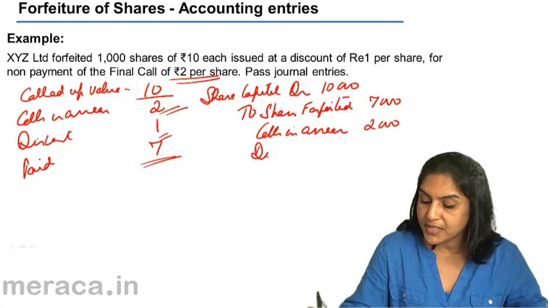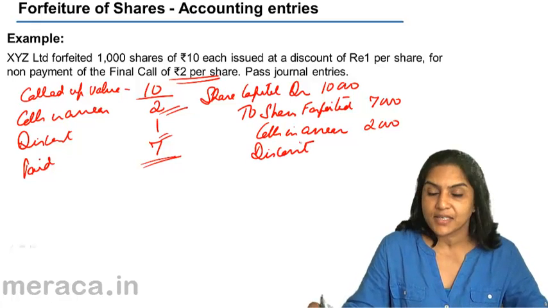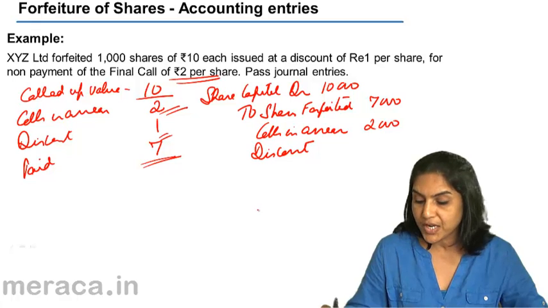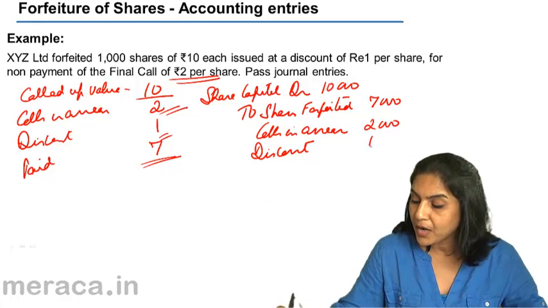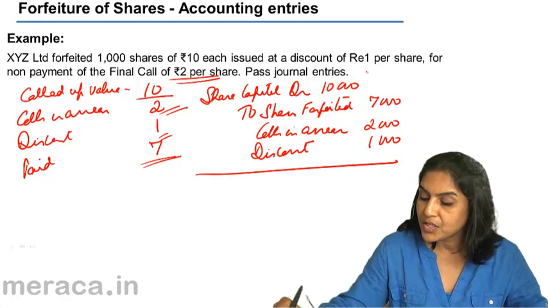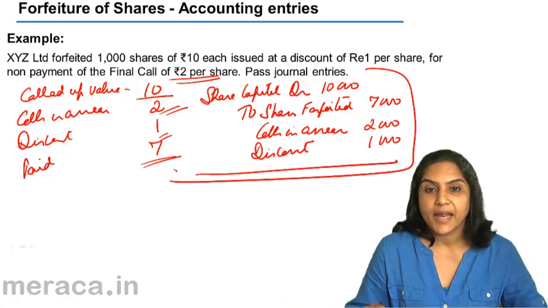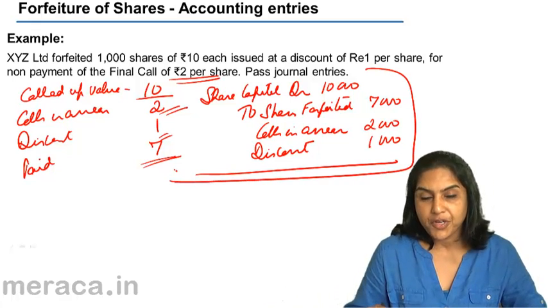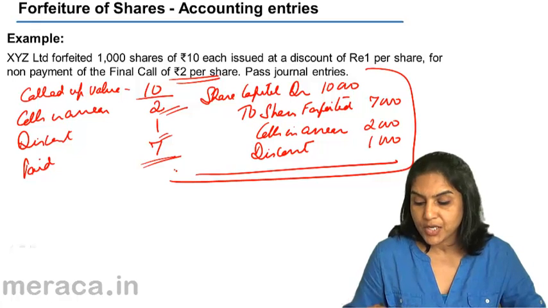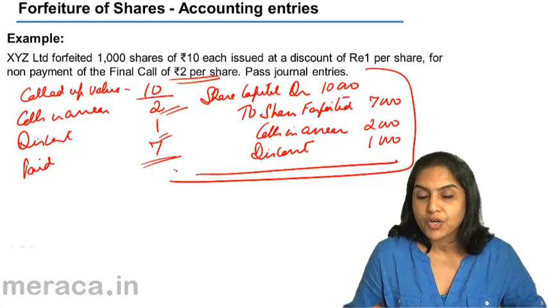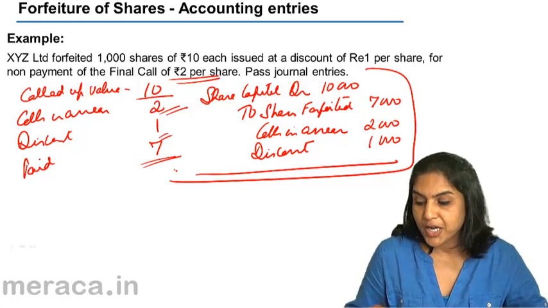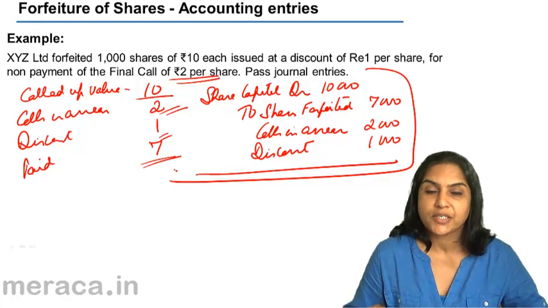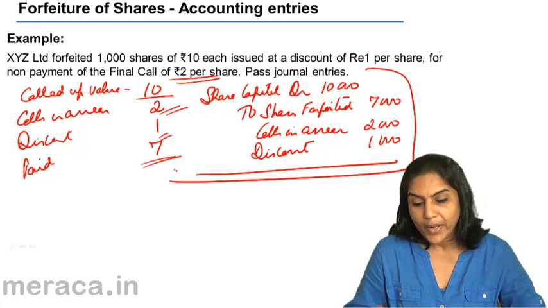And reinstate the discount, write back the discount on issue of shares, 1 rupee or 1000. This would complete the entry on forfeiture of 1000 shares for non-payment of rupees 2 per share, shares originally issued at a discount of rupee 1.